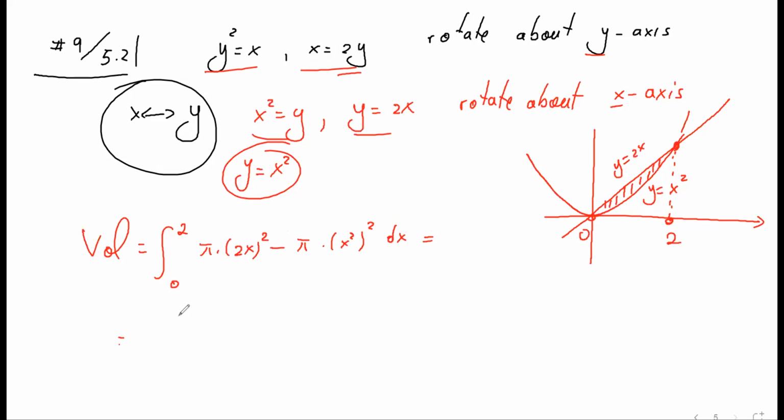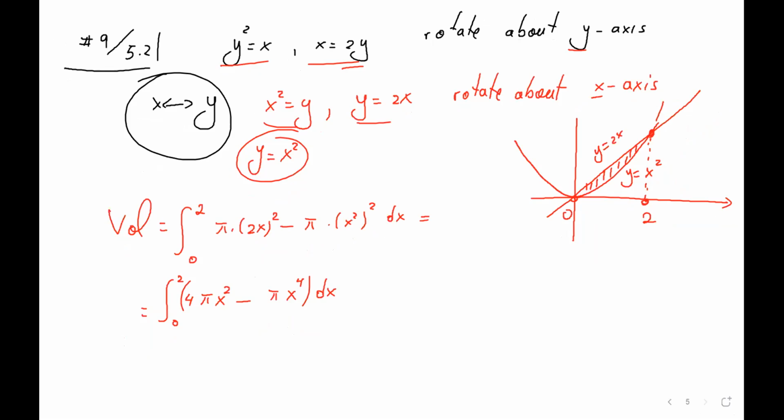And that is going to be equal to the integral from 0 to 2 of 4 pi x squared minus pi x to the 4 dx. So this is one of the things that we calculate.